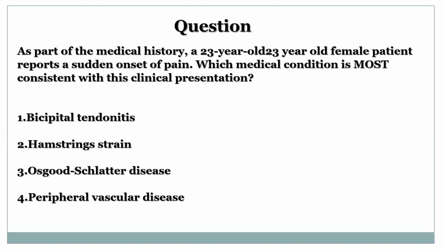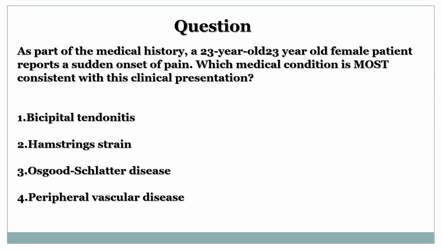Let's describe each one. Let's take option one, bicipital tendonitis. What is bicipital tendonitis? Bicipital tendonitis is an inflammatory process of the tendon of the long head of biceps brachii in the upper extremity, as you know. This condition is characterized by what? By subjective reports of a deep aching pain. What is the location? Directly in front and on the top of the shoulder.